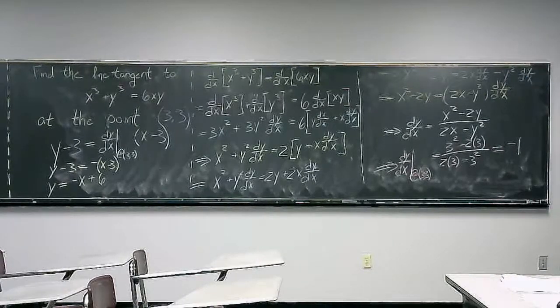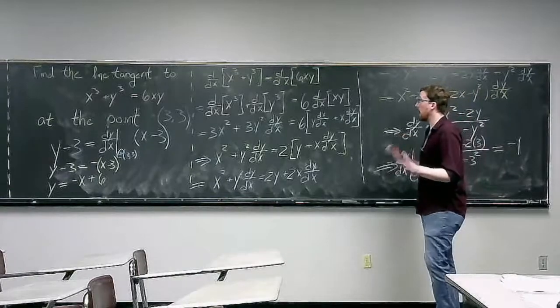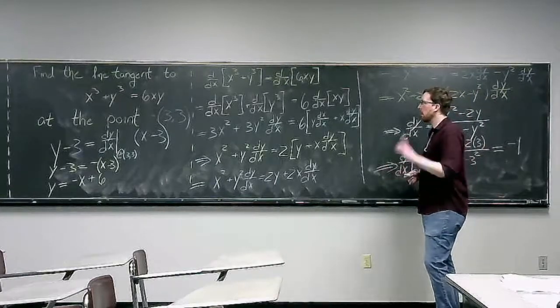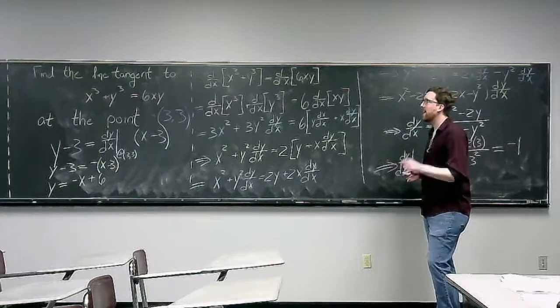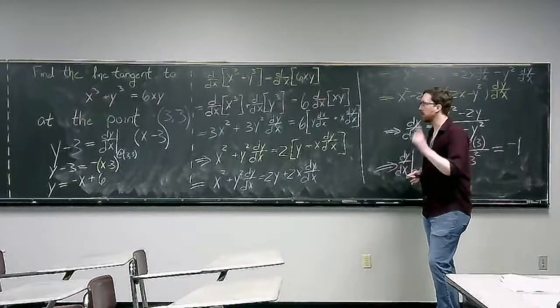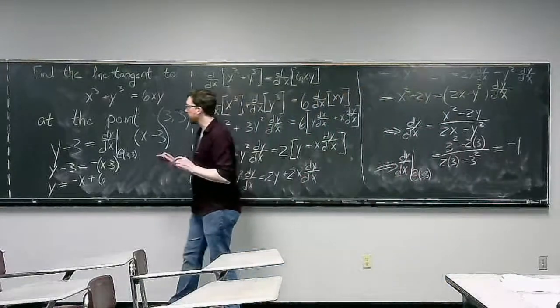Whew. So what did we just do? Let's review this entire problem, because there was a lot going on. First, we're told we want to find the line tangent to an equation at a particular point. And we said, okay, well, I know I can put this all in point-slope form.